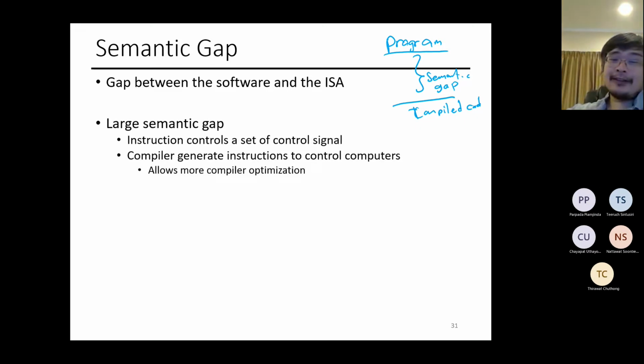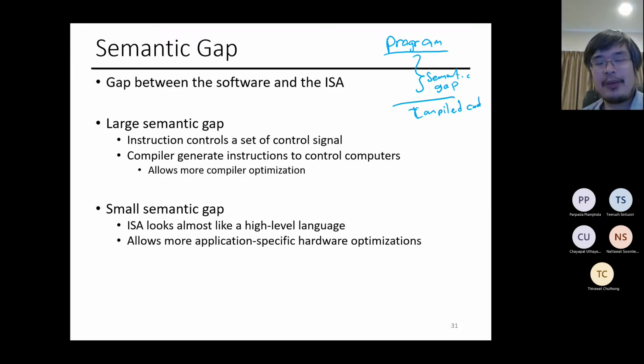If you have an ISA with a large semantic gap, it means that your instruction is really low level, close to the hardware, right? An instruction might be like a set of control signals, and then the compiler will generate instructions to control each of the wires and things like that, right? This allows more compiler optimization, but also more headache on the compiler side of things, right?